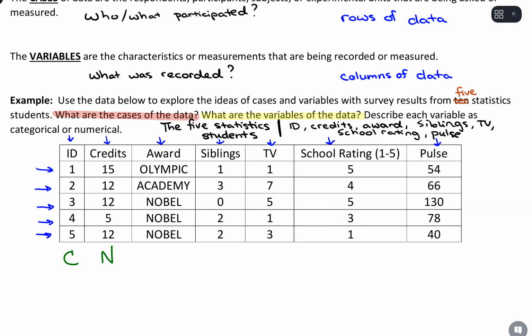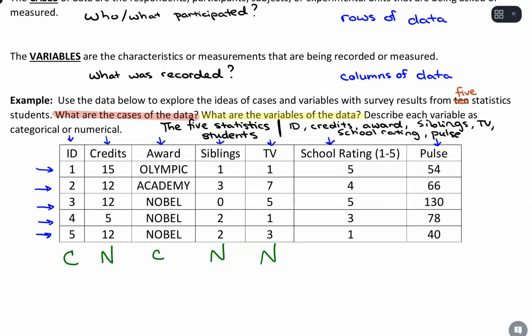Award, that's giving us values in words, so that would be categorical. Number of siblings, that's something that's counted, so that would be numerical. Number of hours of TV watched, that looks like that was counted as well. That could technically be measured if you used a stopwatch or something, but that would be numerical.